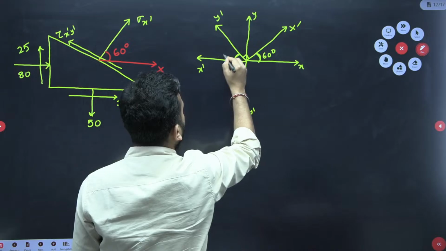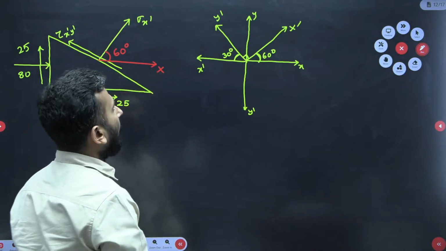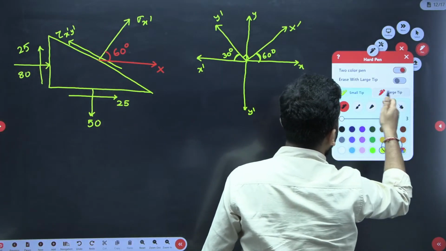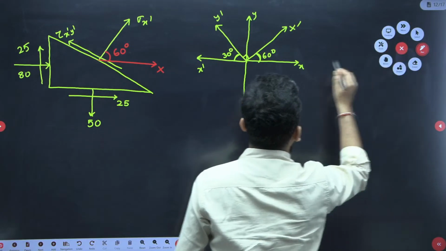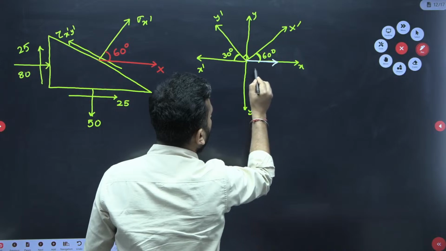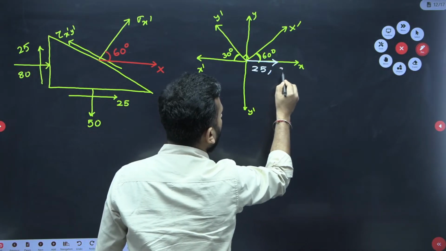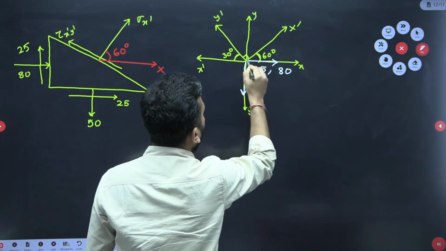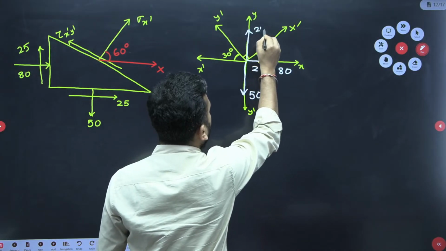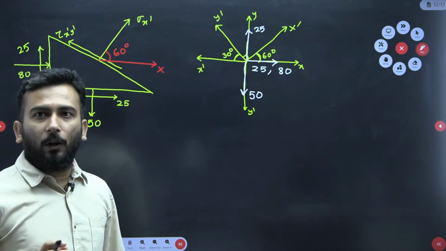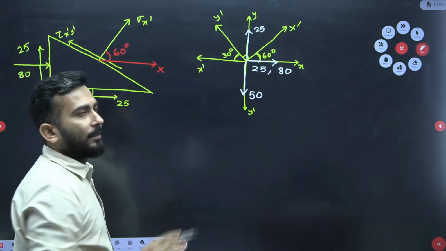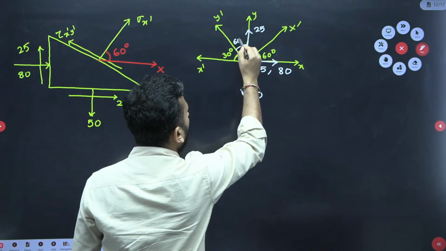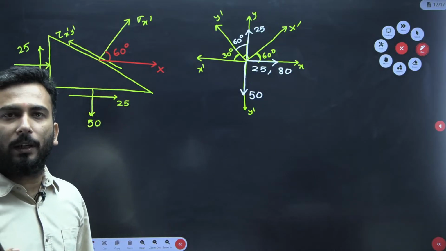So that means this one is 30 degree. Yes or no? And all the given components I am drawing. Now let me change the color. Okay. So in this direction there was 125, comma 180. In the below direction there was 150, and above something like this there was your 25. And all the force components you have to take in y dash. Simple. If you are able to understand this thing, then it's job done.